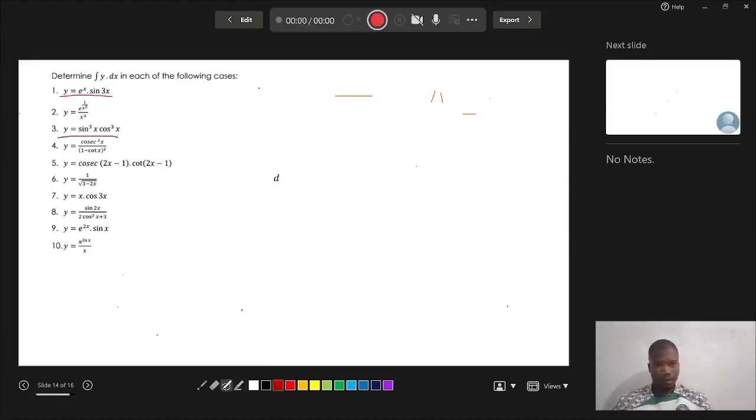So we have to integrate this: the integral of sine cubed x multiplied by cos cubed x dx, right? So that is what we have to integrate.